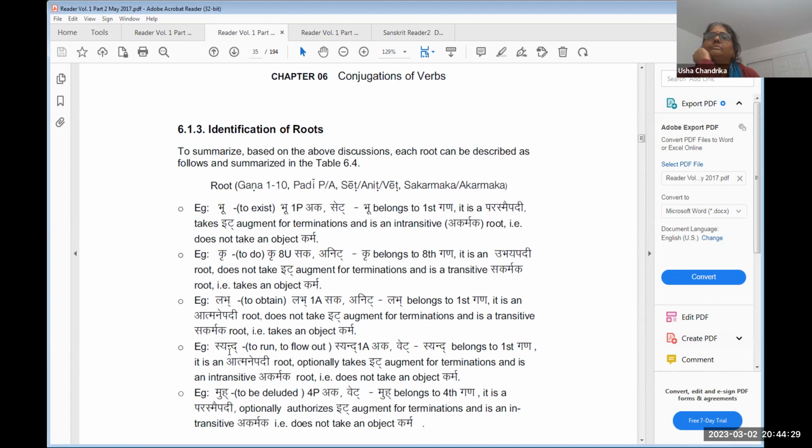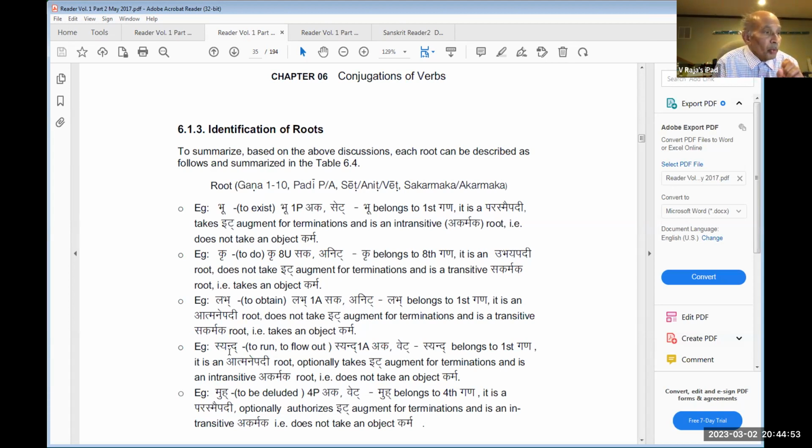And there are 13 roots out of these 2,000 roots. In some verbal forms, they are modified directly. Gam is a first gana root, to go.